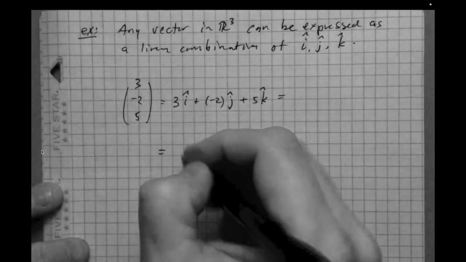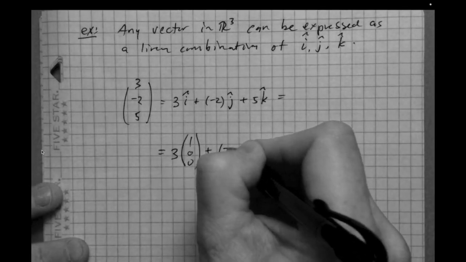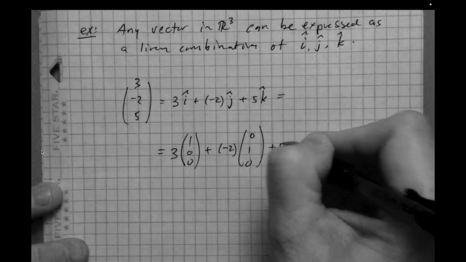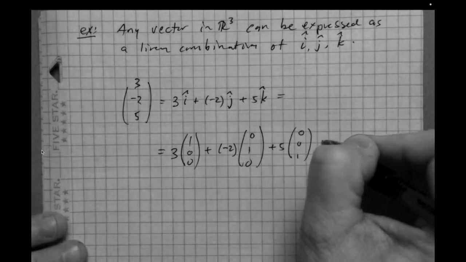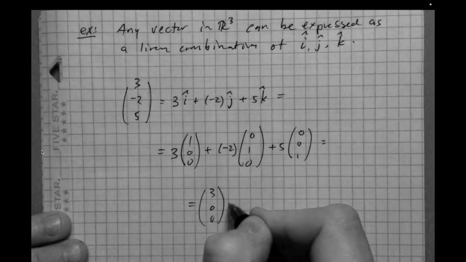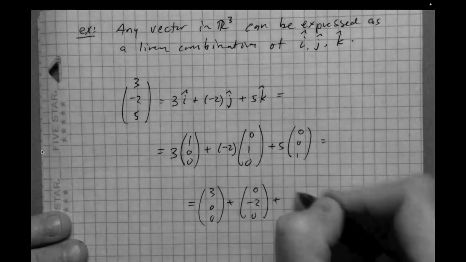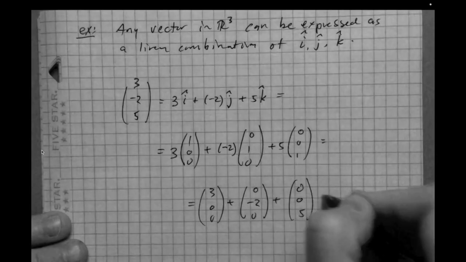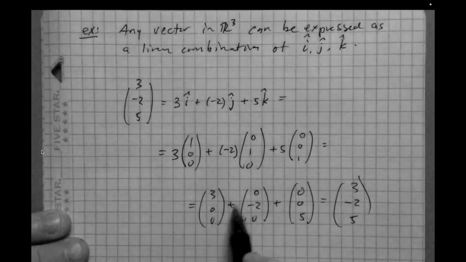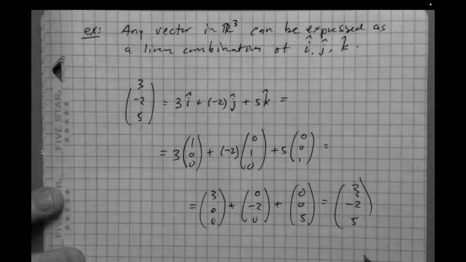Let's see what that looks like. That's 3 times (1, 0, 0) plus -2 times (0, 1, 0) plus 5 times (0, 0, 1). So that's (3, 0, 0) plus (0, -2, 0) plus (0, 0, 5). And of course, that gives me (3, -2, 5). 3 plus 0 gives me 3, 0 plus -2 plus 0 gives me -2, and so on.